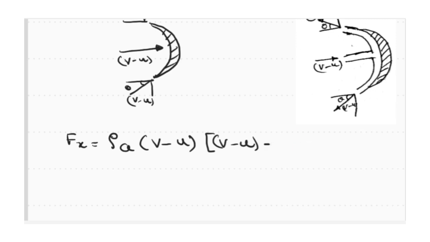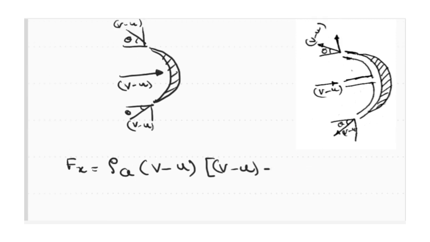While it leaves with a velocity v minus u, it leaves making an angle theta. So we have to resolve it into the horizontal component.